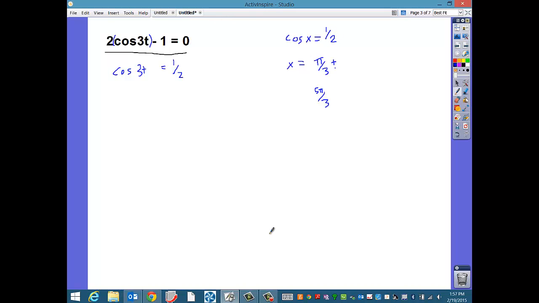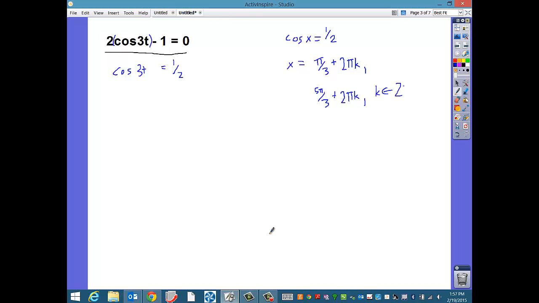So these two values, onto these we would add our 2 pi n or 2 pi k, so that we would get the full list, right? All of the coterminal angles, so that we have the complete solution set. And we can write k as any integer.